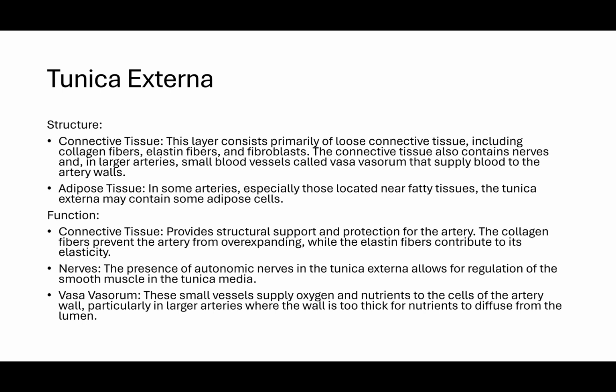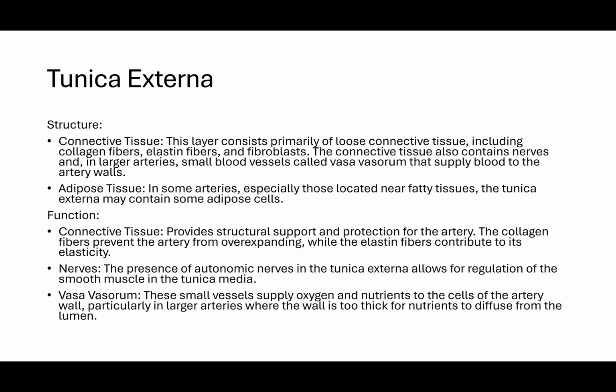Now the nerves: the presence of autonomic nerves in the tunica externa allows the regulation of the smooth muscle in the tunica media, so it allows for the regulation of the contraction and dilation of the blood vessels. And also we have the vasa vasorum, which supplies nutrients.